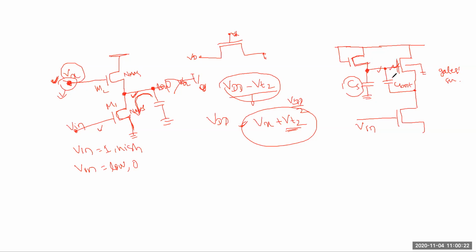So here you will get one capacitance, here you will get one. Those are the parasitic capacitances. Are you getting these things? This point is connected to the gate of this transistor and the source of this transistor, so you will get one capacitance, and again between this gate and source you will get another capacitance. Yes or no?